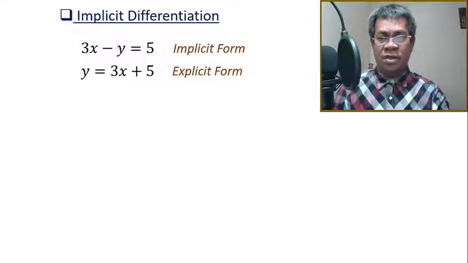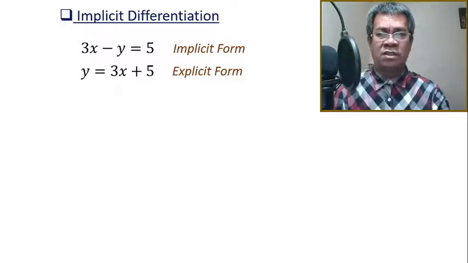Remember that y is a function of x, but x is not a function of y. So in these videos, we always use x as the domain and y as the range.